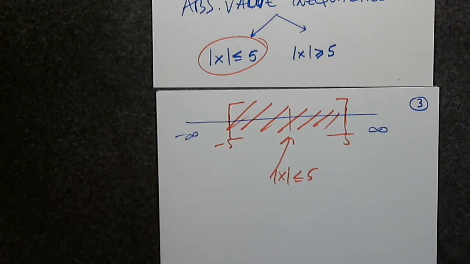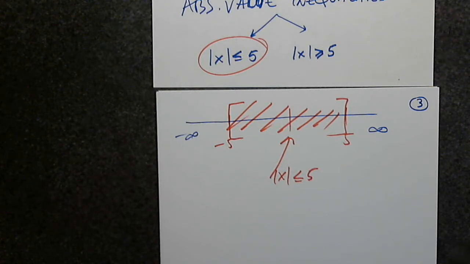Now let's look at the other one. Can anyone read the other one for us? Find x whose distance from 0 is 5 or more.